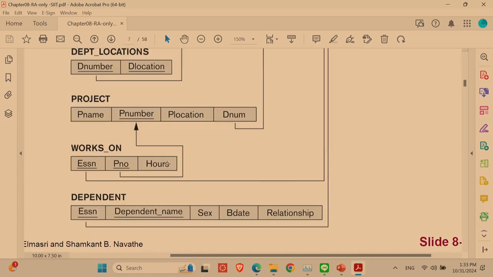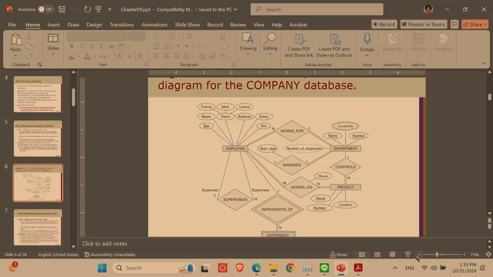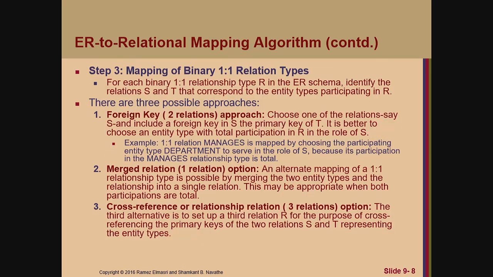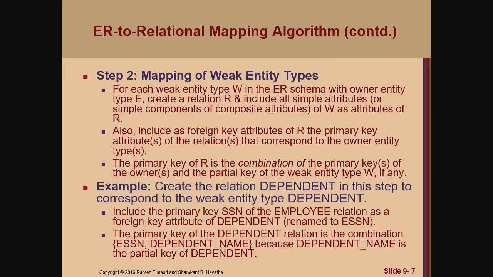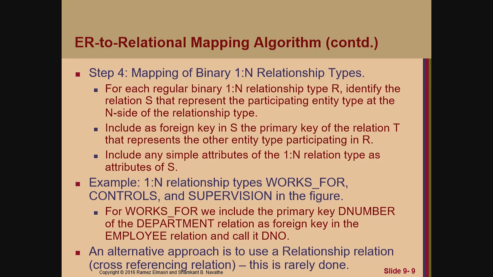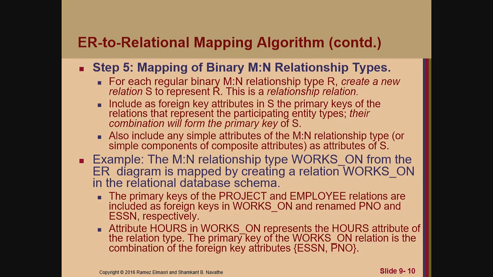So this table will store the information of the many-to-many relation. We already mapped the strong entity, weak entity, one-to-one relation, one-to-many relation, and the last one now is many-to-many.